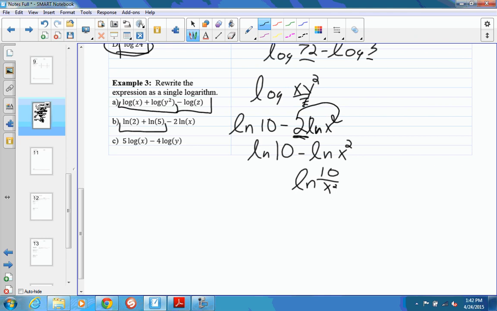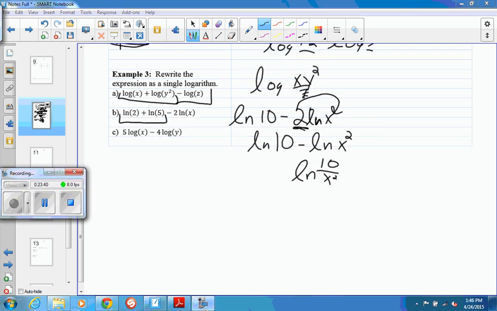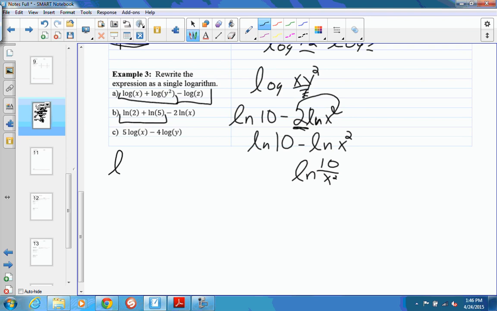Bro, I don't know why it's always down to it's an extra. Answer for this guy: log of x to the 5th over y to the 4th. The way I do this, I'm going to take each of my coefficients and move them as exponents.